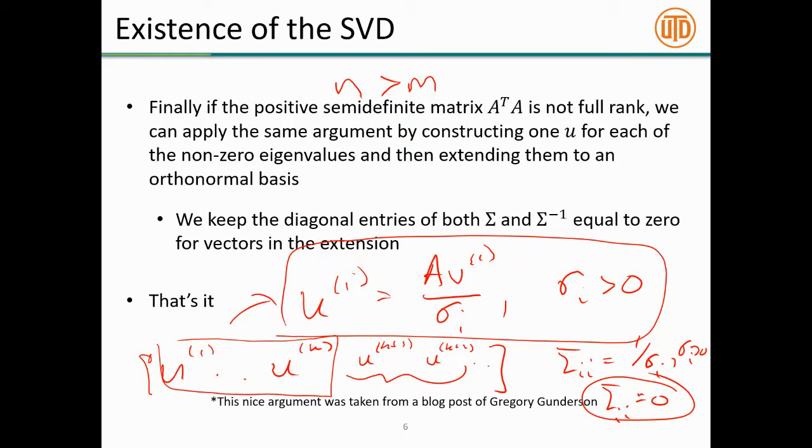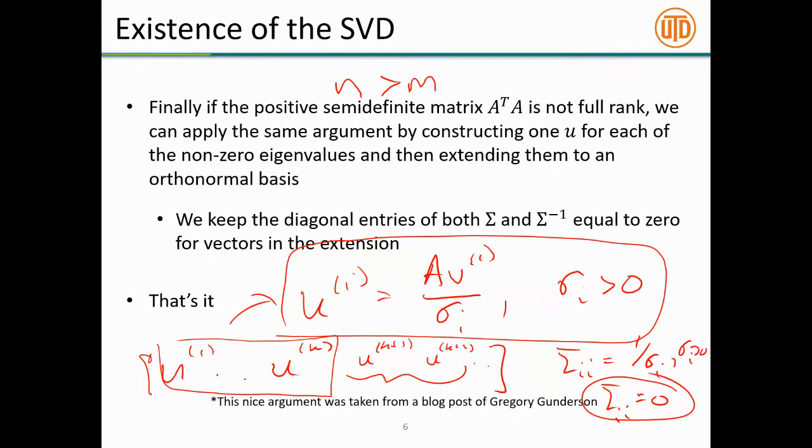And we'll lose a little bit of the uniqueness in the construction because now we're able to extend to an arbitrary completion of the vector space, in sort of any way that we want. And somehow it makes sense.